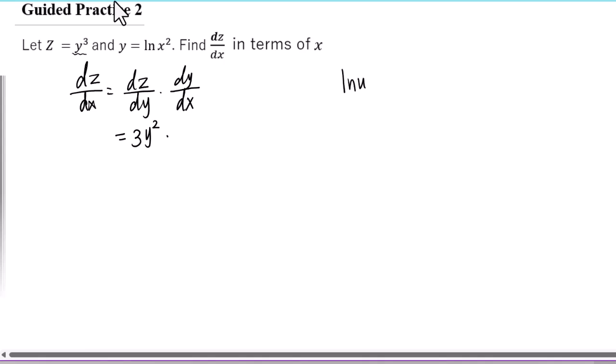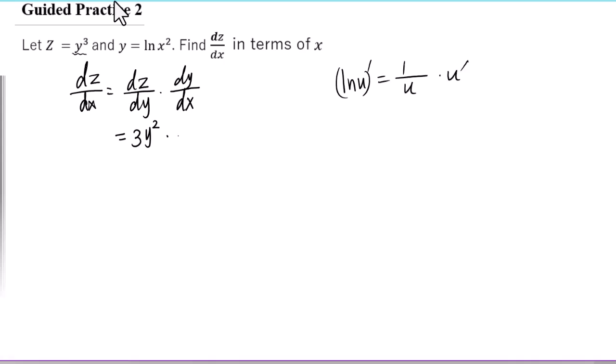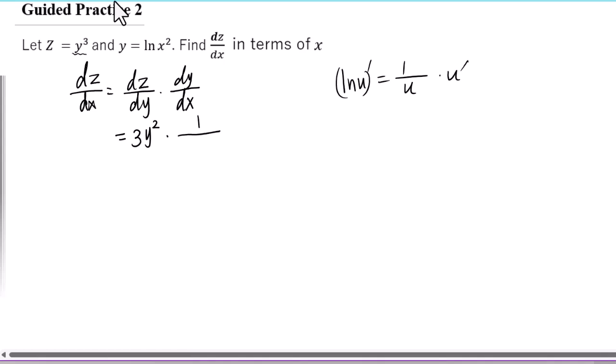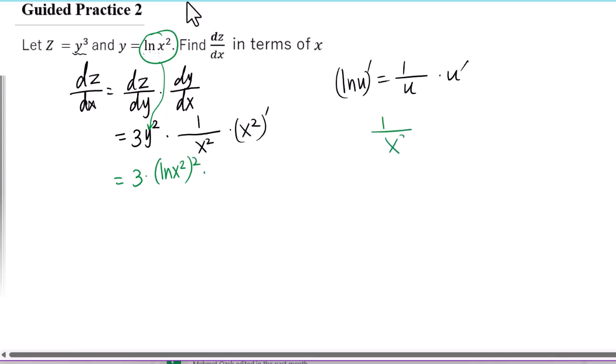Use the natural log of u prime equals 1 over u times u prime. So we get 1 over x squared times x squared prime equals, substitute the natural log of x squared into this y. We got 3 times natural log of x squared times 1 over x squared times 2x.